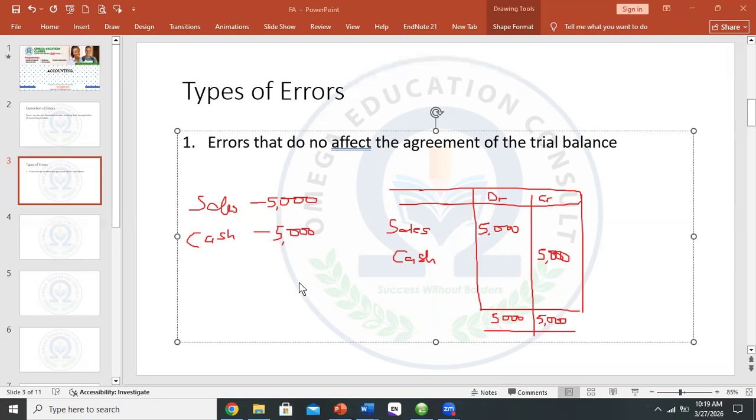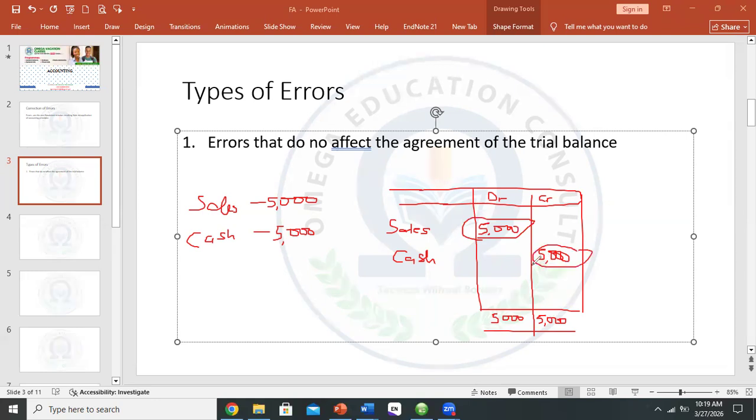Though the trial balance has agreed, okay, you have 5,000 at the debit, 5,000 at the credit. It has agreed. But look at the positioning of your balances. Sales balance can never be debit. And cash balance can never be credit.